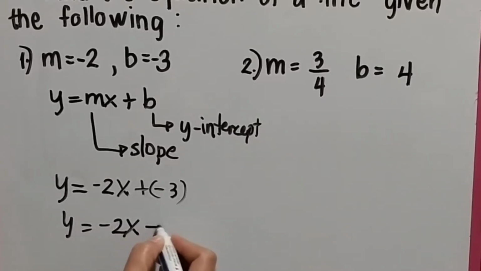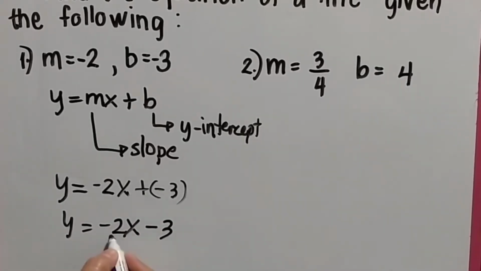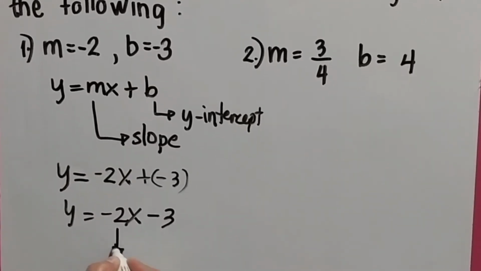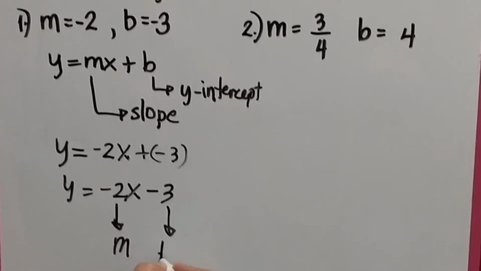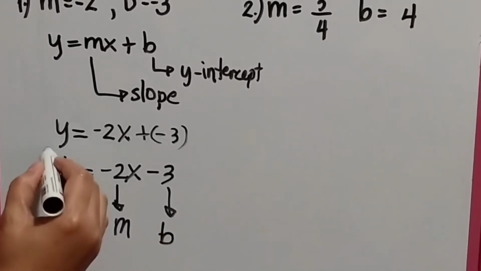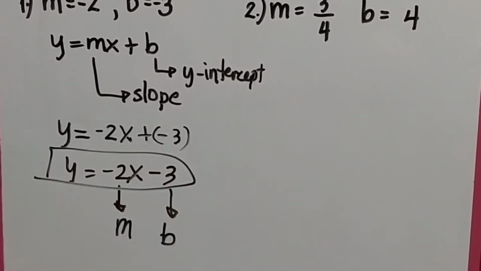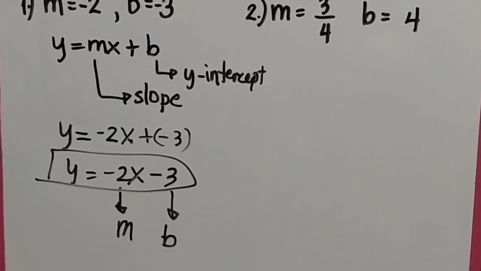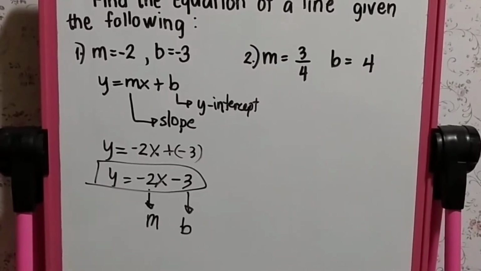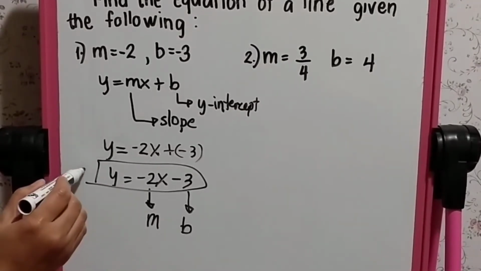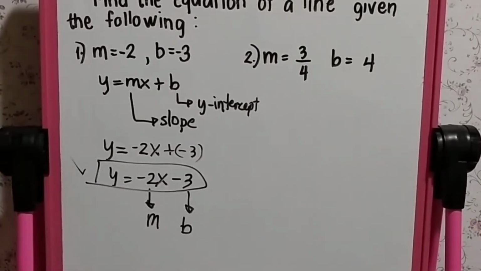Negative 2x minus 3. So, here, m is negative 2 and b is negative 3. That's it. Ganun kasimple. Or, pwede mo rin siyang i-rewrite into standard form of a line. We have discussed that before, but actually, this one will do. Okay na siya. So, this is the easiest.